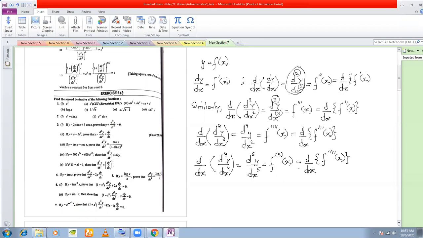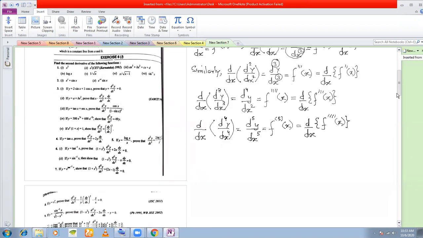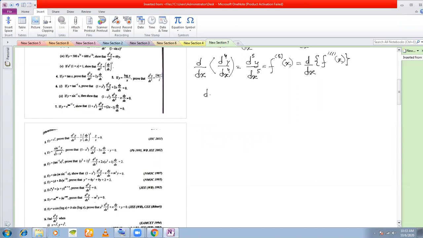Now with this idea we shall work out some sums. Before proceeding to sums, let me just mention that dy/dx is also called the first derivative of y. d2y/dx2 is called the second derivative of y. d3y/dx3 is called the third derivative of y, and so on.